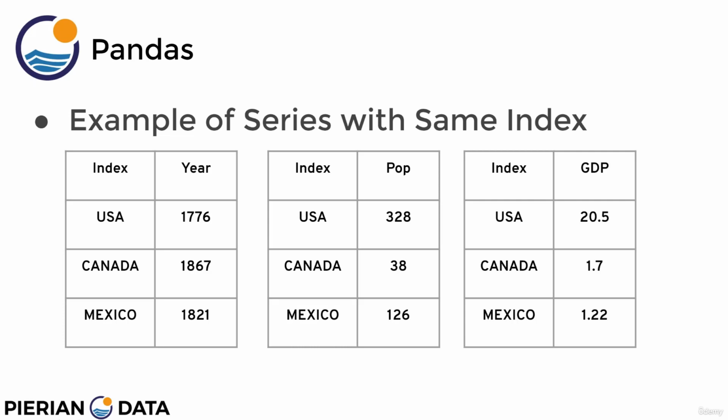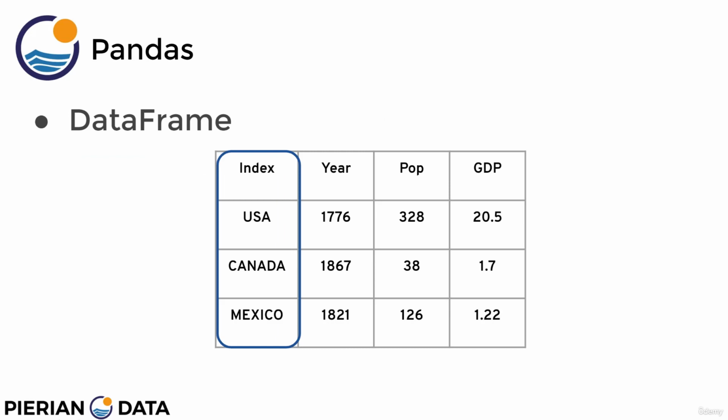You'll notice that each of these three individual series has the same index: USA, Canada, Mexico, and so on. What we can do is combine these three series that share the same index into a single data frame with the same index, just with multiple columns. And that's all a data frame is. It's just several series that happen to share the same index.